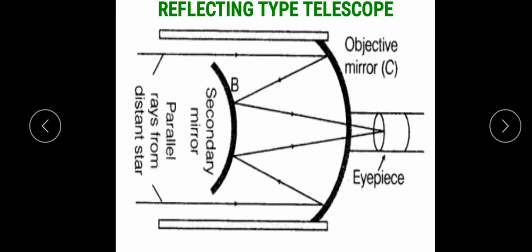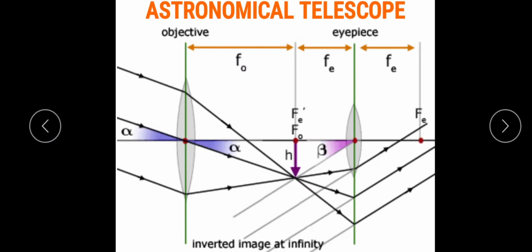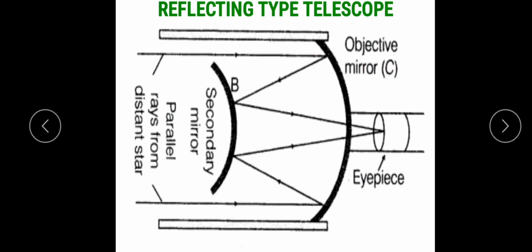See, modern telescopes use a concave mirror as an objective instead of lenses. In the last case, like the astronomical telescope, we are using a lens as the objective. But in modern telescopes, instead of lenses, there is a mirror.